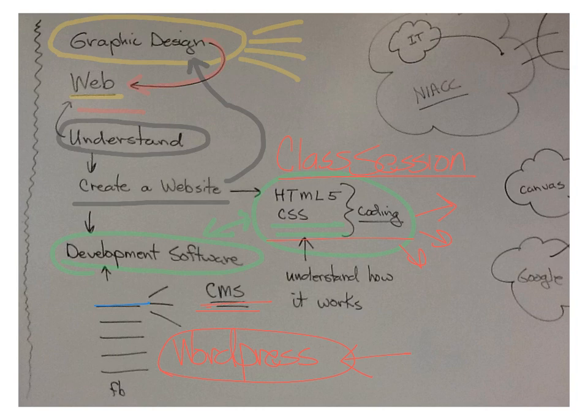All the way down, if you have a Facebook, you have a presence on the web. You can create a free website with Wix, for example. You can create websites using Google. And then eventually you can get up to creating using some development software or actually coding it yourself.